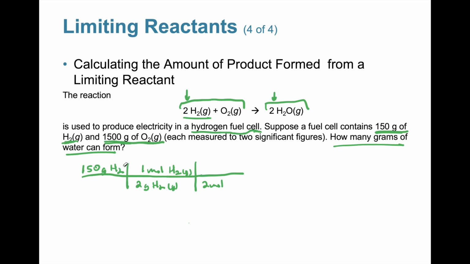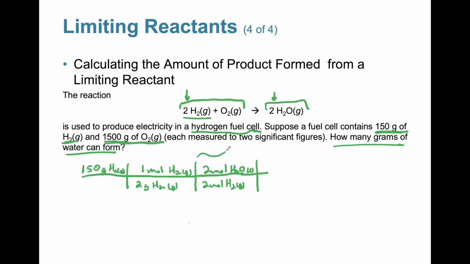I'm also going to fix this too because it looks messy. It bothers me, I'm OCD that way. H2 gas, there we go. For every 2 moles of H2 gas, we have 2 moles of water, which is a liquid.